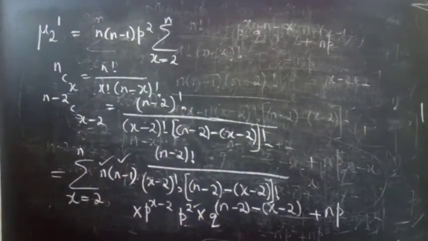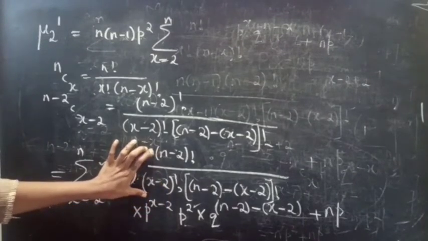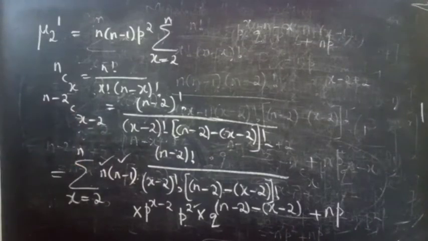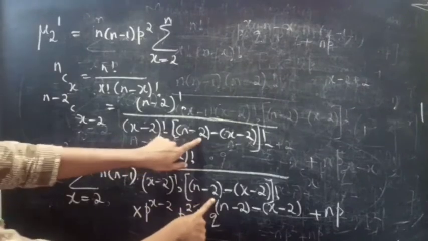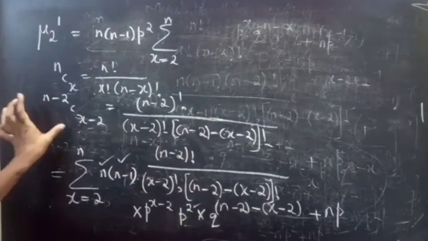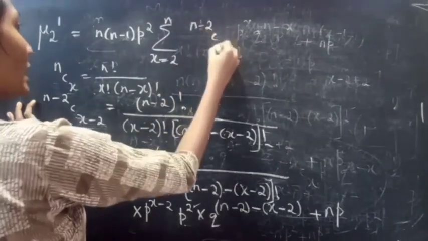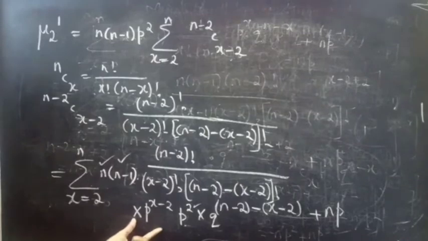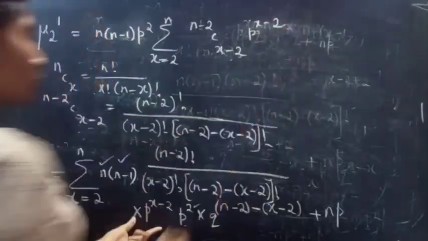So here we are going to replace this expression with n minus 2 C x minus 2, since n minus 2 factorial by x minus 2 factorial into n minus 2 minus of x minus 2 factorial is equal to n minus 2 C x minus 2, into p power x minus 2.